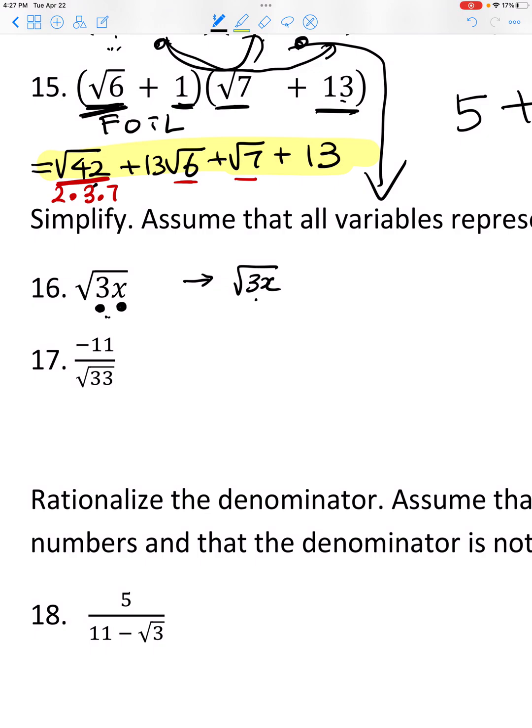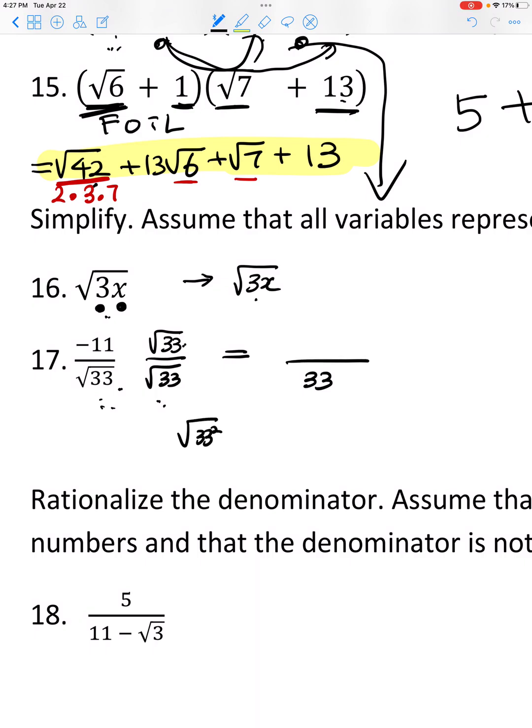However, for 17, you got radical 33 in the denominator, and we do not like a radical located in the denominator mathematically. So you multiply radical 33 top and bottom. Then this double radical makes the 33 come out because it's making 33 squared, right?